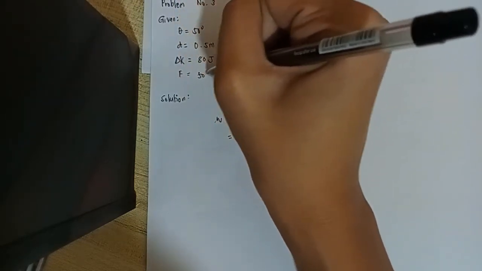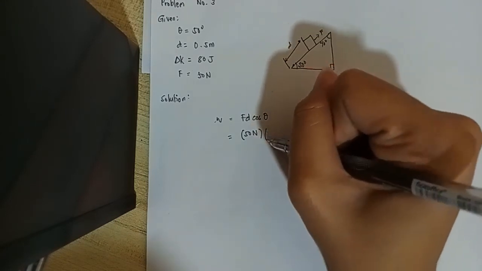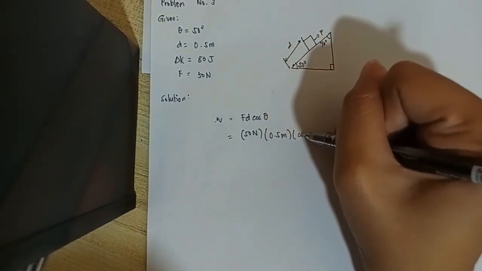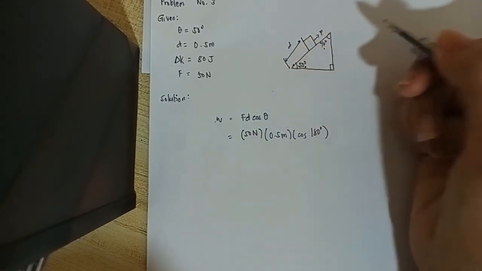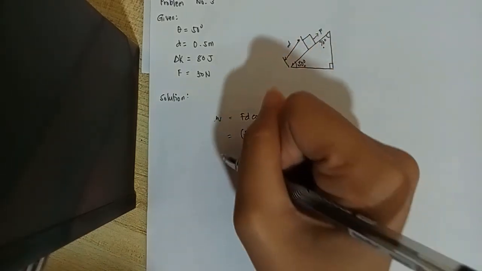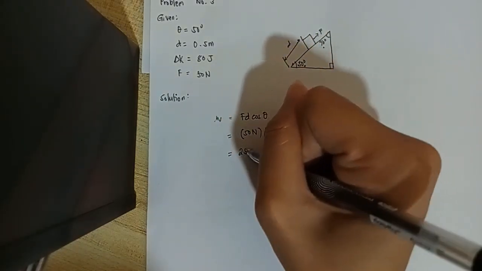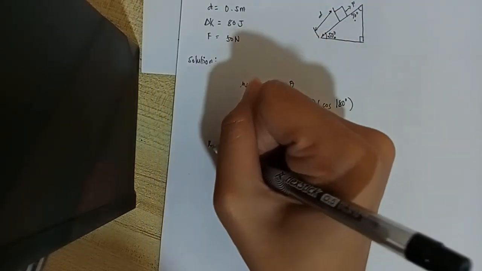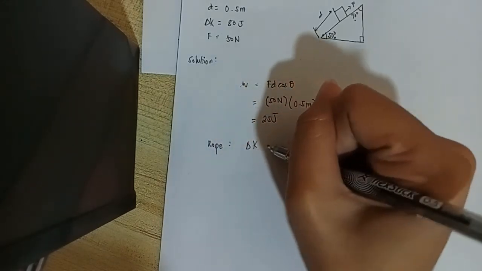That would be 50 Newton multiplied by 0.5 meter multiplied by cos 180 degrees. 50 plus 40 is 90 times 2, that will be 180. So, solving that will be negative 25 joules. I'll correct that later. I'm sorry for that.